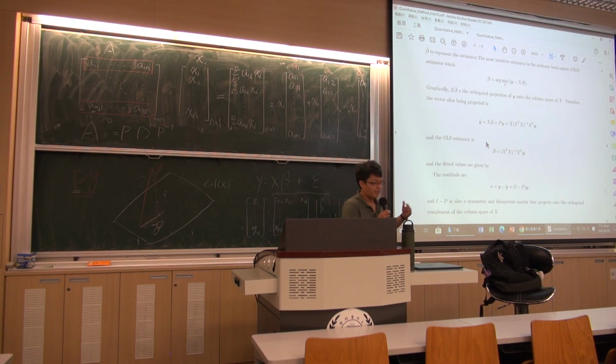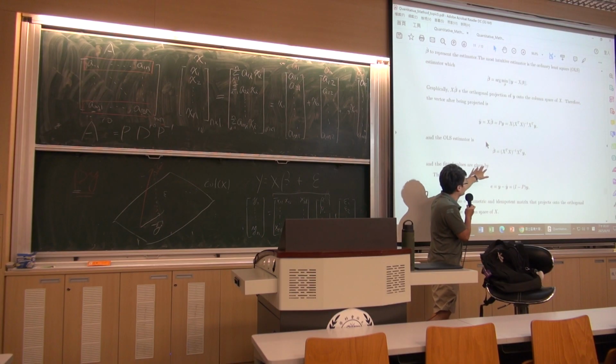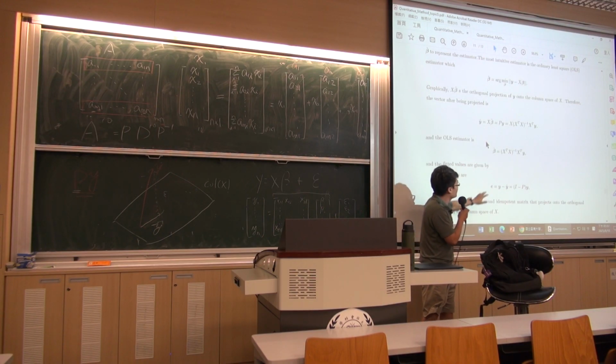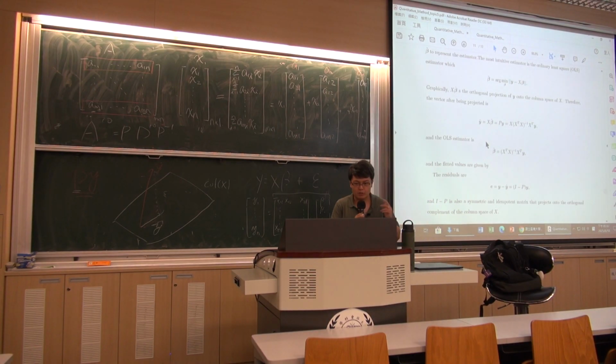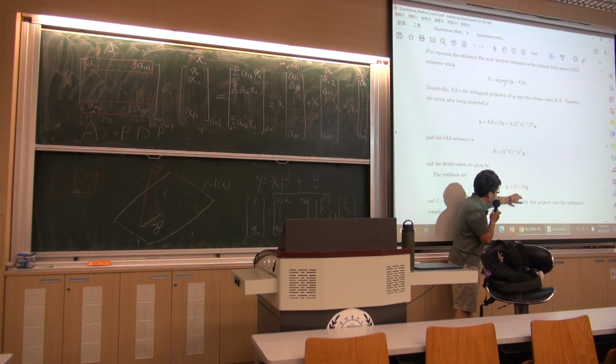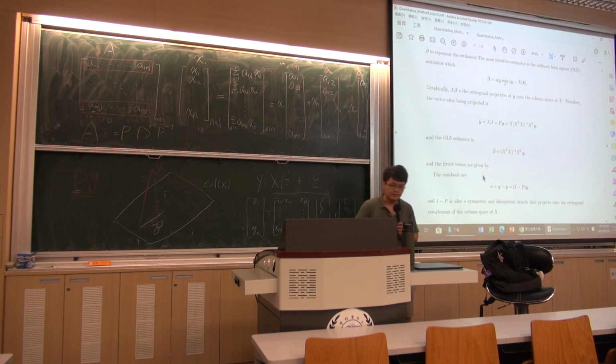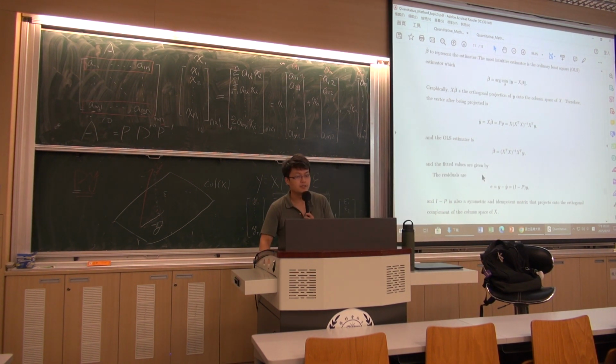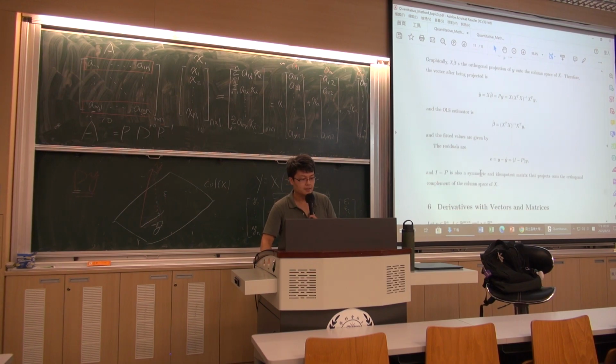Hence you can directly get beta hat, the estimate of beta, which equals this after some rearrangement of the equations, and at the same time you get the residuals here. That's one application of the projection matrix.